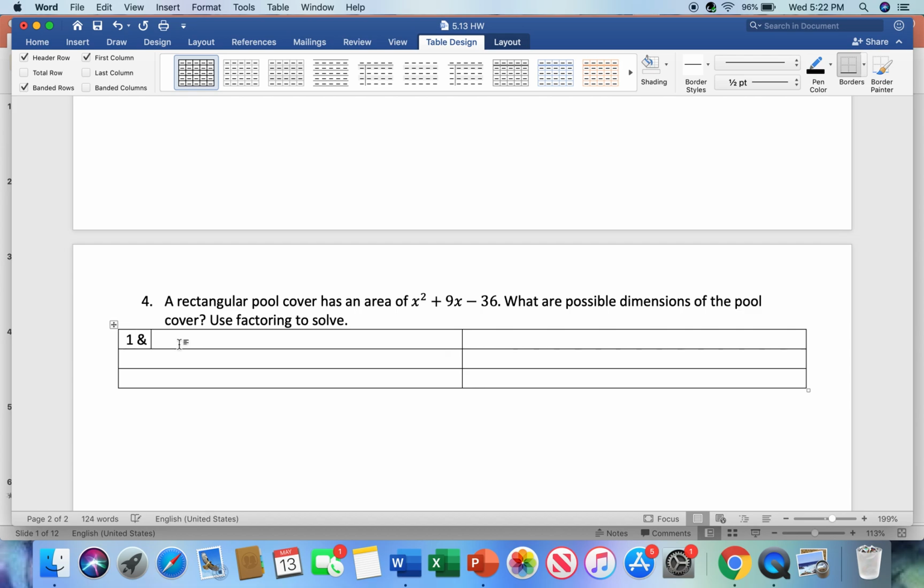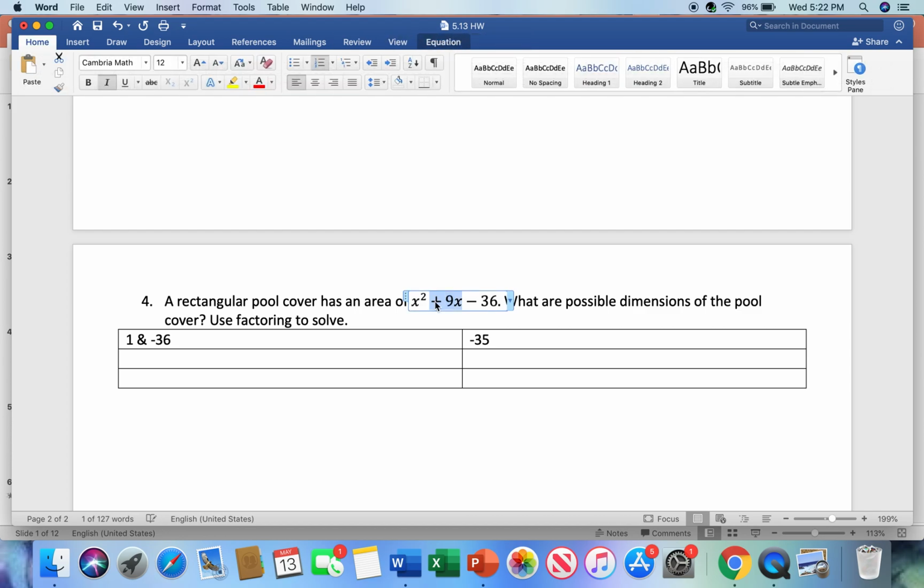1 and negative 36. What's their sum? Negative 35. What do I need them to add up to? They need to add up to 9x, right? Or to 9. I already see that 1 plus negative 36 is going to give me negative 35, and if I switched it up, if I did negative 1 plus positive 36, I'd get a positive 35.